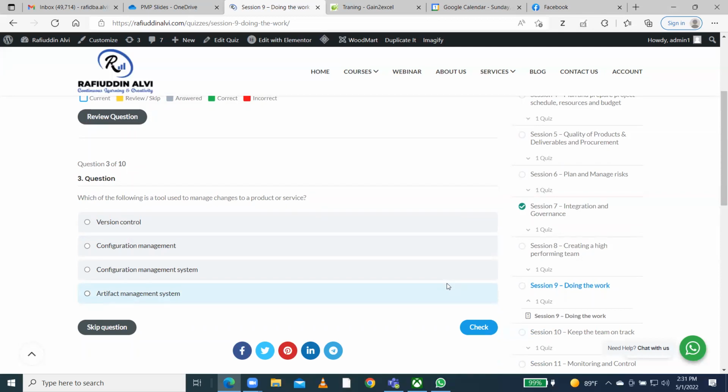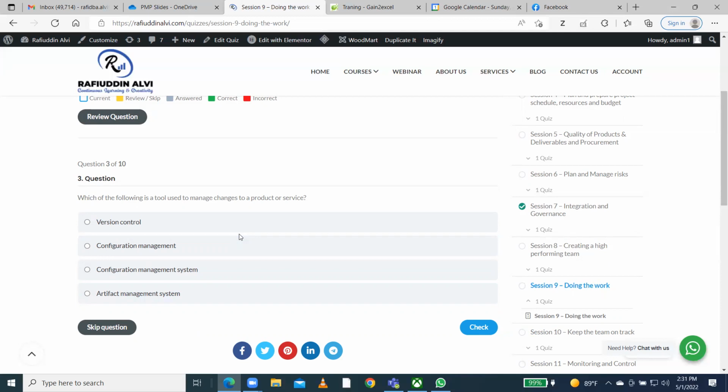Which of the following is a tool used to manage changes to the service? Version control, configuration management system, or artifact management? Version control is a tool, yes. For example, there is one tool, I don't know which tool you're using in your company.